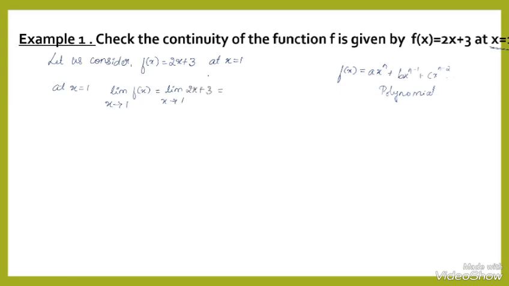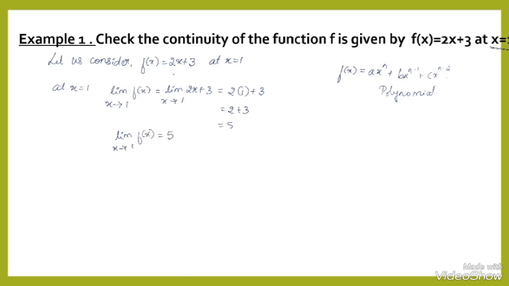Now replace x by 1: 2 into 1 plus 3. What is the value? 2 plus 3, that is equal to 5. That is, limit x tends to 1 of f of x is equal to 5.